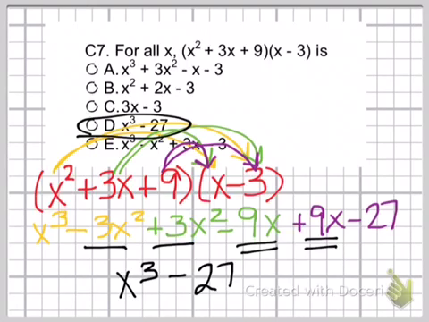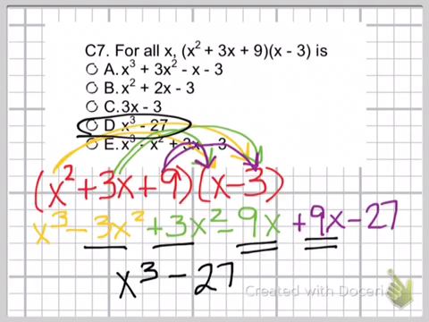Number 7, for all x, x squared plus 3x plus 9 times x minus 3 is... So what I did was I distributed each member in the first set of parentheses to each member in the second set. So I used the yellow pen to show distributing x squared, and I got x cubed minus 3x squared.